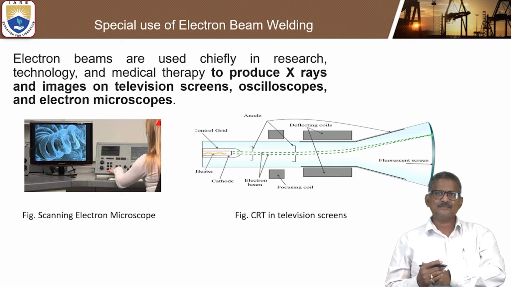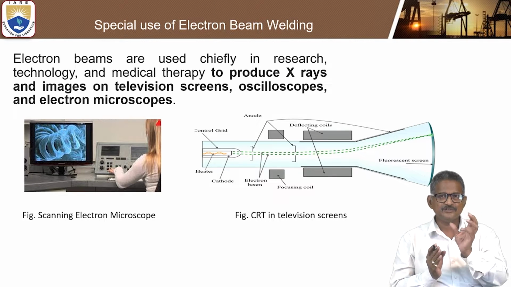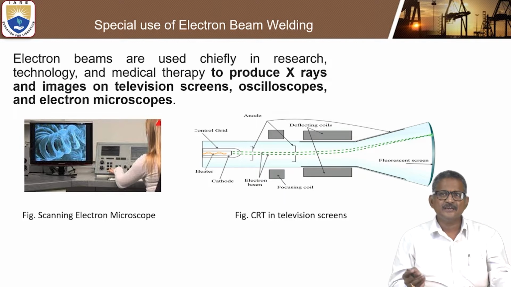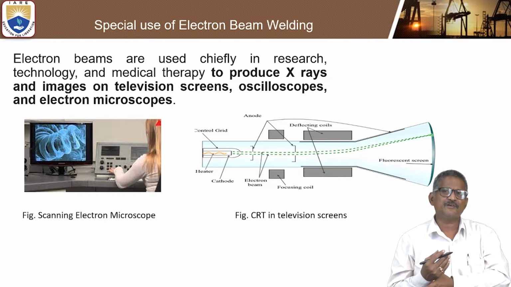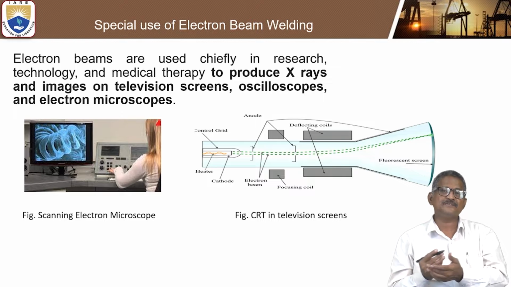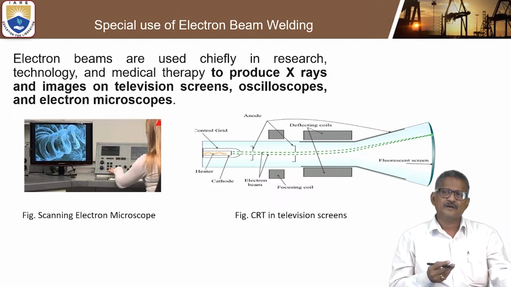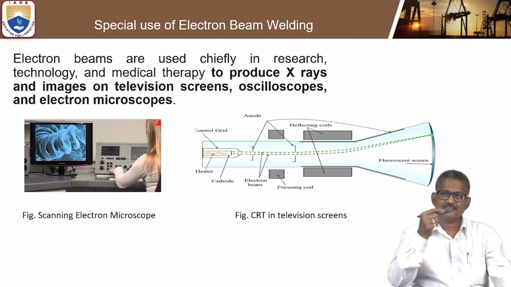Now let us see the special uses of EBM. Electron beams are generally used in research, and are applicable for advanced technologies and even some medical therapies, for example when a human being suffers from a lot of pain in the knee, hand or heart.